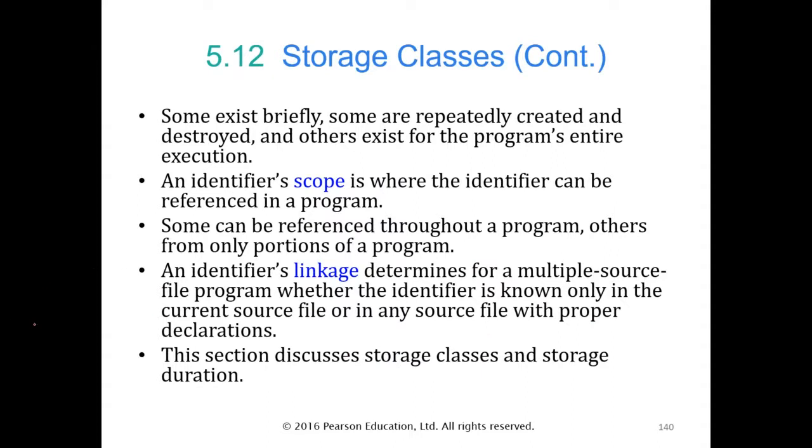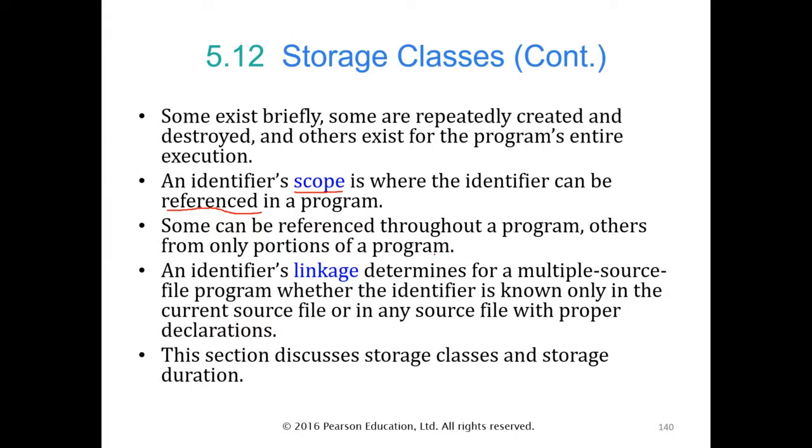So what do we mean by scope? Scope is where the identifier can be accessed or referenced in the program, right? So identifier scope is where an identifier can be accessed or referenced in a program. Okay, there are some variables that can be referenced throughout the program.